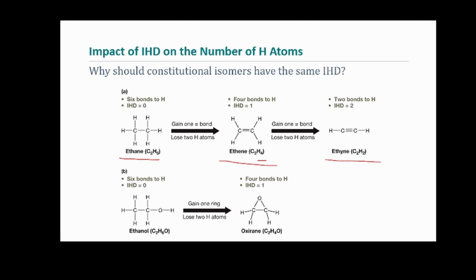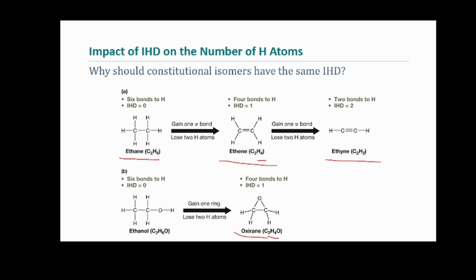Notice it doesn't need to be carbons to have IHD. For example, we have oxirane here. That's a cyclic one that has an oxygen in it, right? But the same rules overall apply. We have 1 IHD, and we end up losing 2 of the hydrogens. See that?